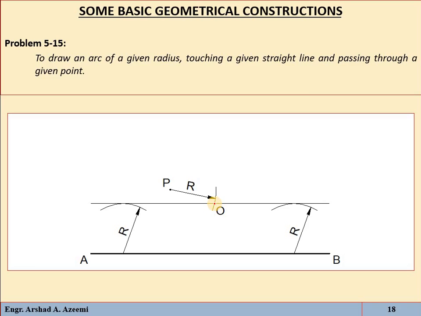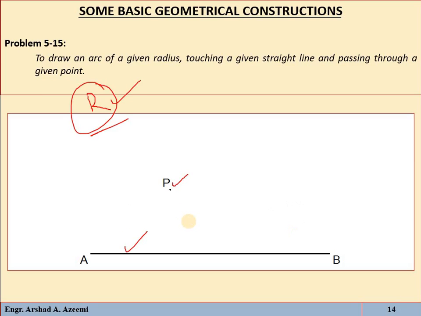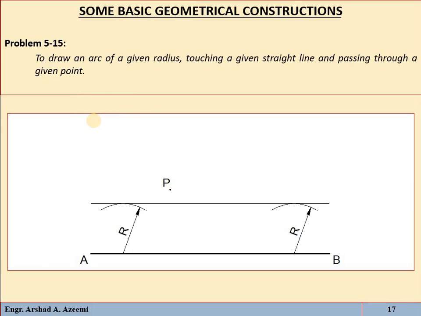Now with center O and of the given radius, draw the arc. Again, just look into it. The line is given and the point is given. We have to draw an arc which will pass through this point and touch the given line, and the radius of the arc is given, which is R. So at R distance, draw a line parallel to the given line.